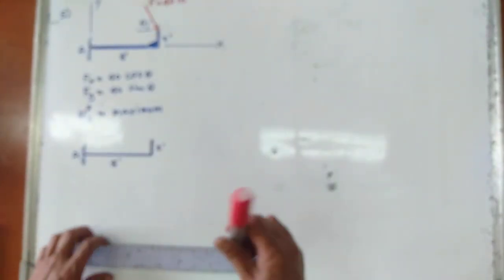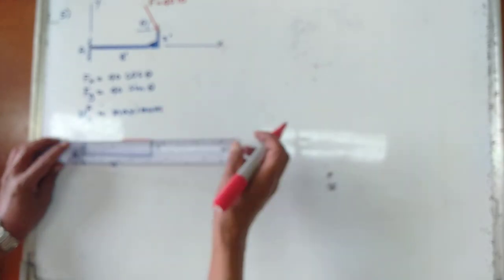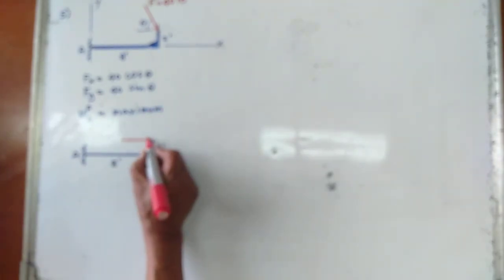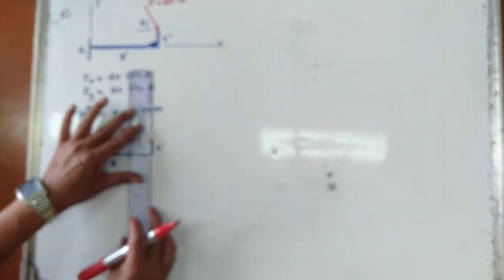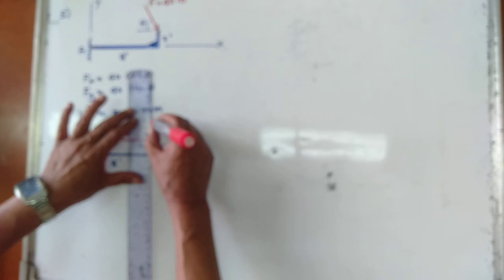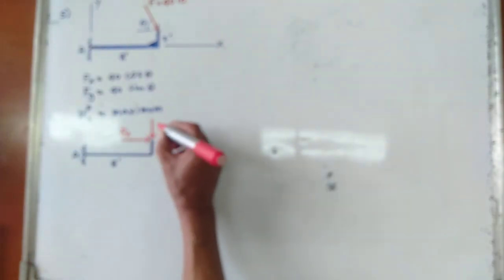This is your Fx. So Fy is going downward. So we now have your Fy.